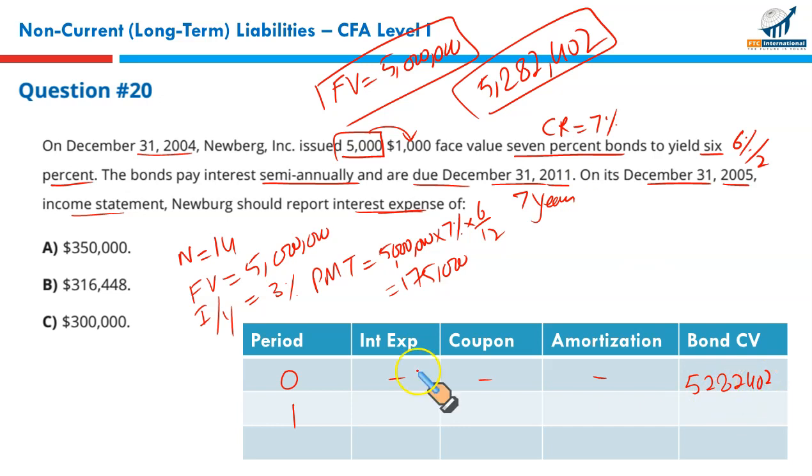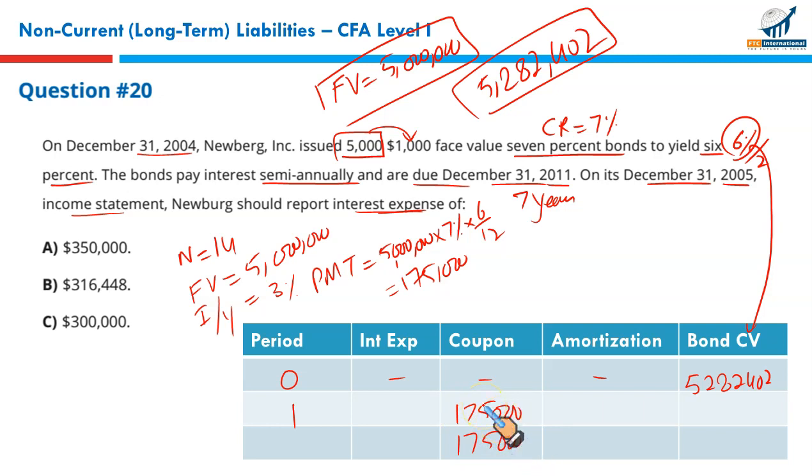Now, interest expense is charged at the bond present value multiplied by the market rate that is given here, 6%. So remember, interest expense is equal to the bond's book value multiplied by the market rate. And the coupon is always the same. It's 175, 175, 175 every time. That's the twist with interest expense.